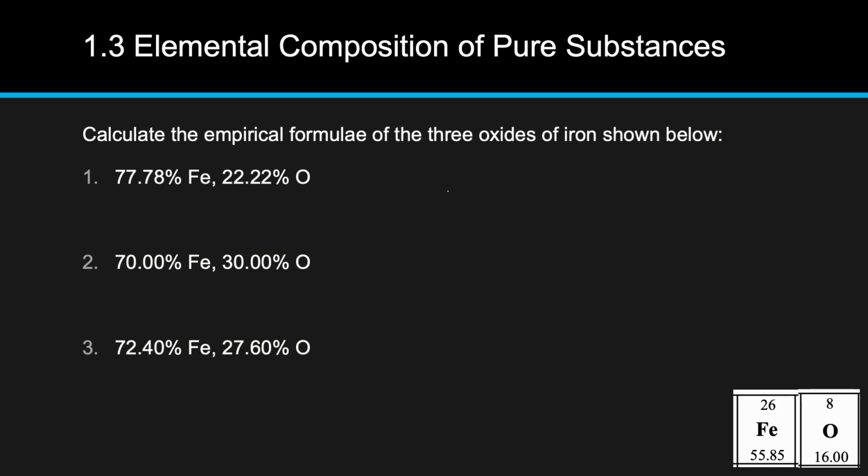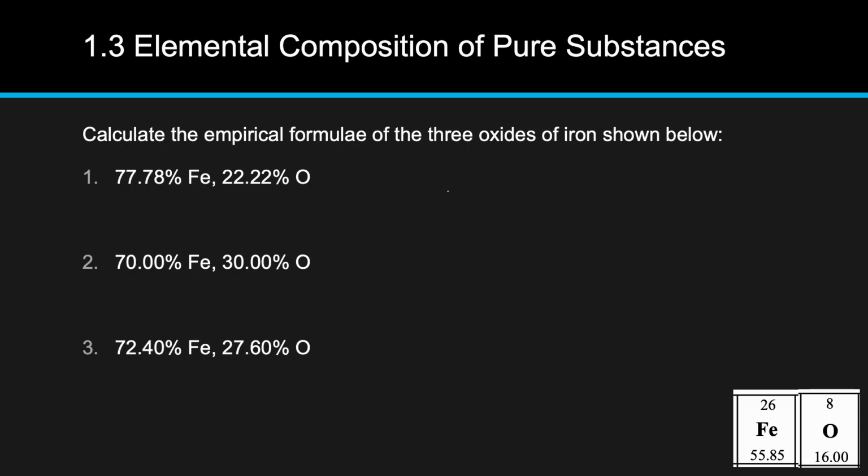All right, so let's practice turning these percent compositions into empirical formula. When we are given percent composition, it's going to tell us how much of each element makes up 100% of the compound. So if we pretend that we have 100 grams of the compound, then the percentages directly become grams.